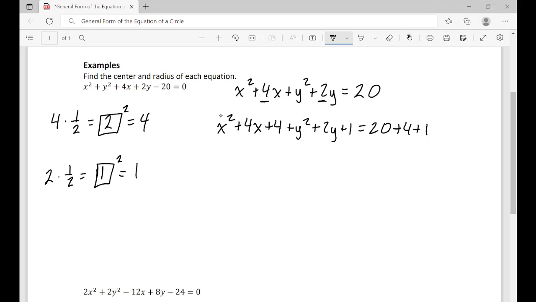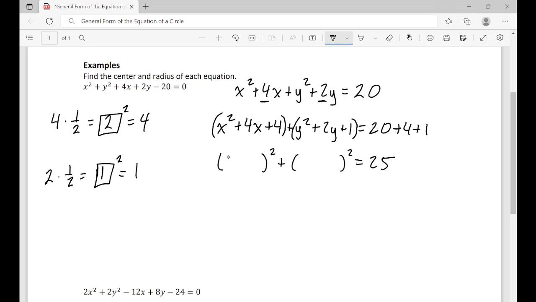And now I am going to group the x's and the y's like so, and I'm going to factor each parentheses. Now just remember, the parentheses always factor down very simply. Each one is going to get its own parentheses that's squared, like so.